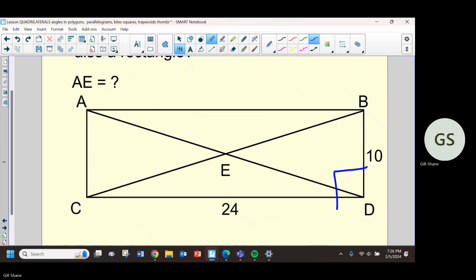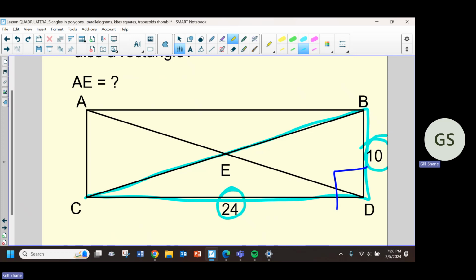I'll outline it in blue. So this is a right triangle. If I know 2 of the 3 sides, then I can solve for BC.